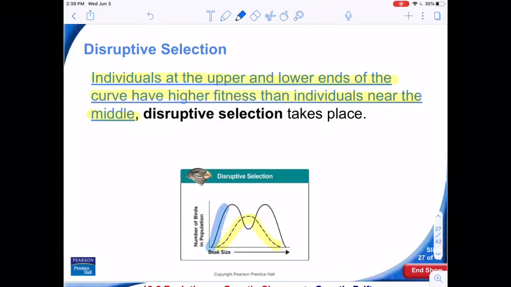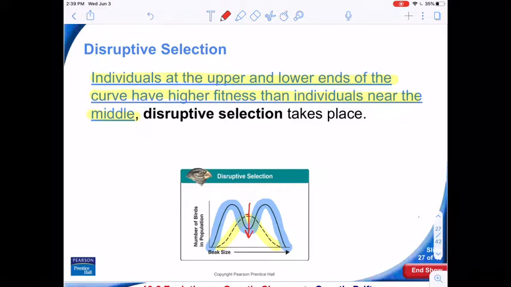So it peaks over here at the low end, drops drastically in the middle, peaks again at the high, and then levels off again at the end. So if you see a graph that originally had a nice little peak here, and now that peak has dropped down, that is going to be disruptive selection.